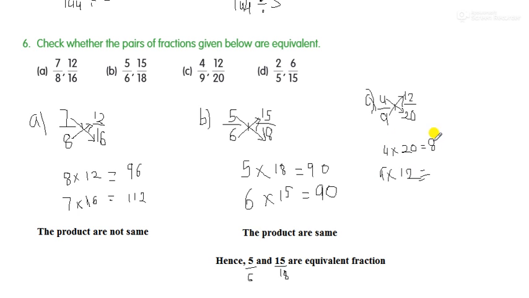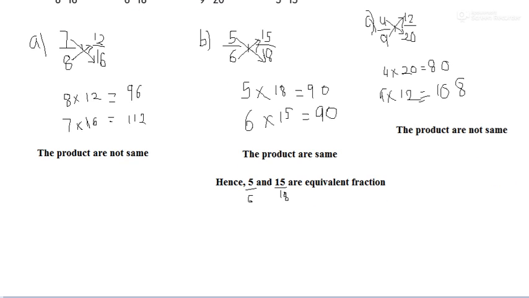So it's 80, 9 into 12 is 108. So the products are not the same. So it is not an equivalent fraction. So write hence 4 by 9 and 12 by 20 are not equivalent fractions.